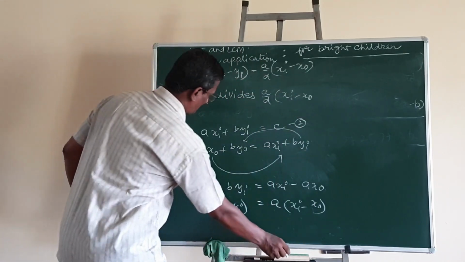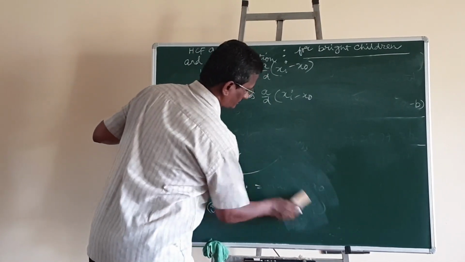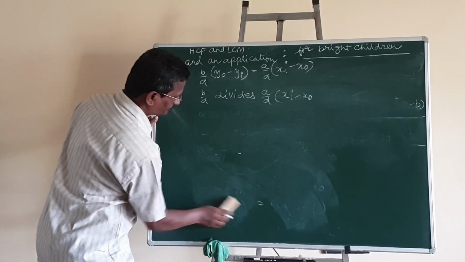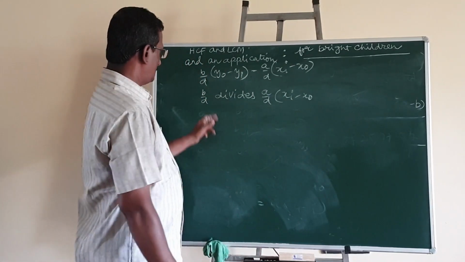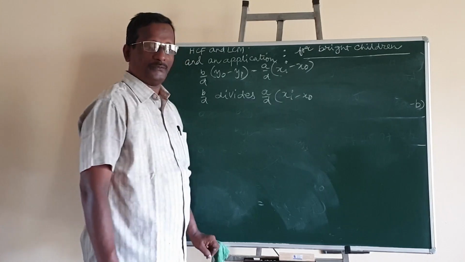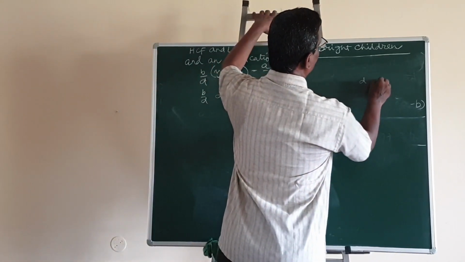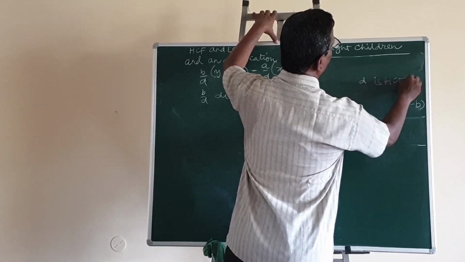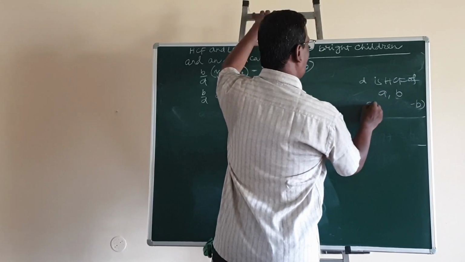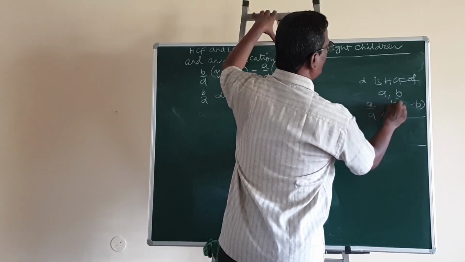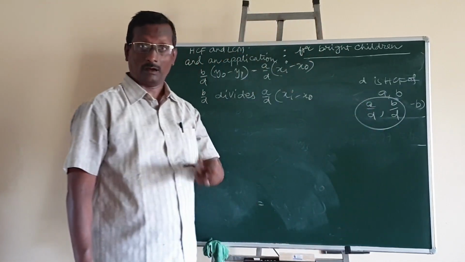Here we need to understand very carefully. The HCF of a comma b is equal to d. Suppose a is divided by d and b also divided by d, this a by d and b by d are co-primes.